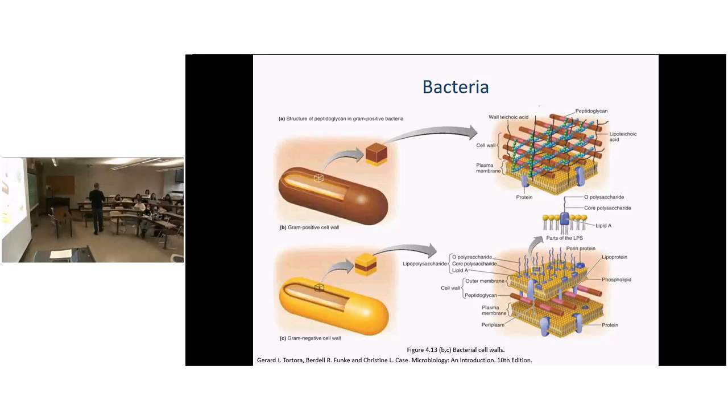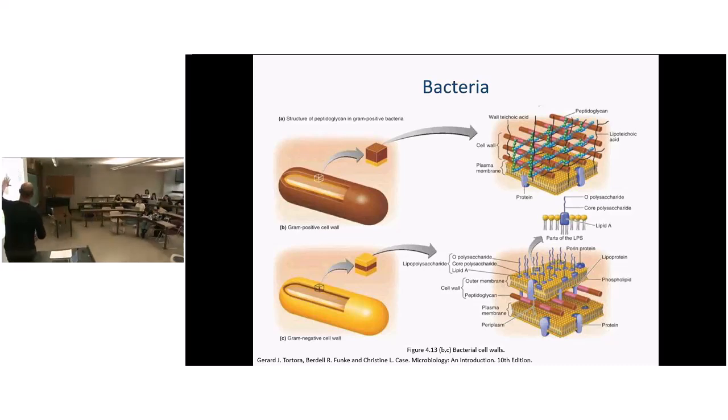Because if it is too negative, it tends to repel. You repel other cells from attaching to it. So your defense cells tend to have a little more of a problem getting in touch with it. Some of the other structures, even the teichoic acids on the cell wall, also tend to have a little bit of that characteristic. So these are just ways in which viruses and bacteria tend to avoid a strong immune reaction.